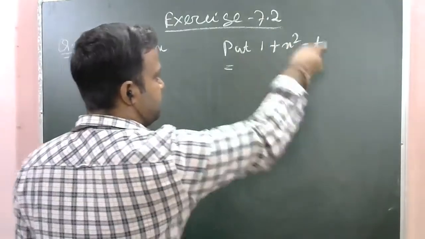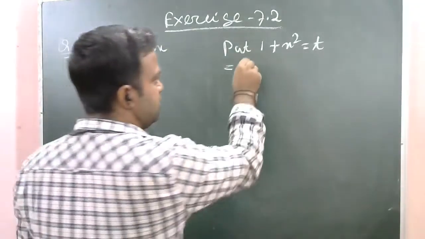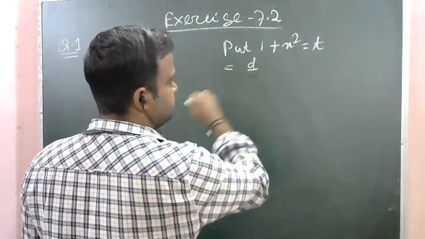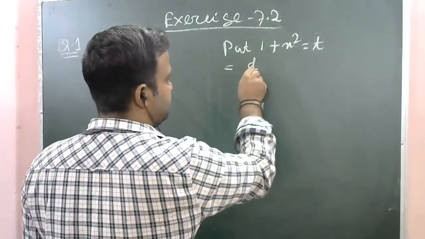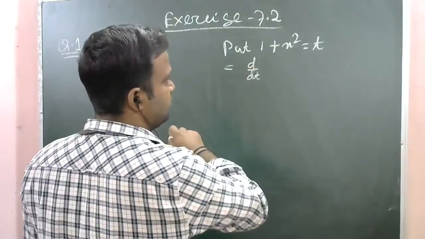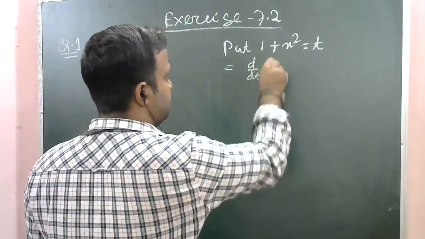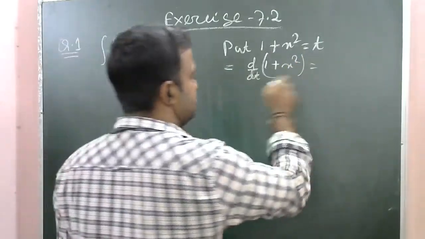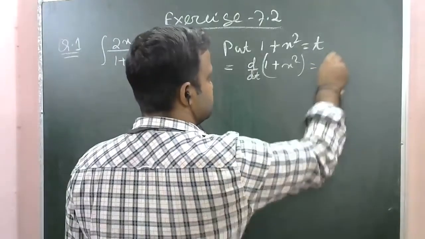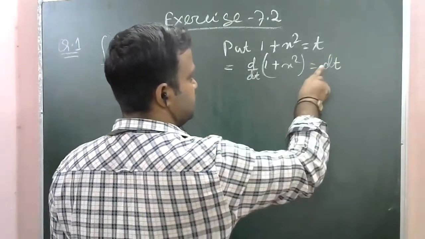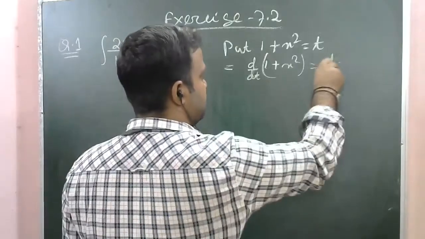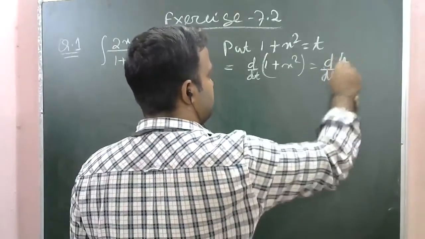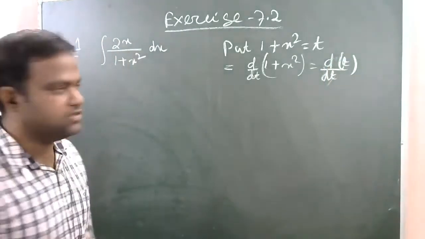Then I'll take the derivative on both sides, d by dx of 1 plus x square, and this is d by dx of t. So you can write like this.